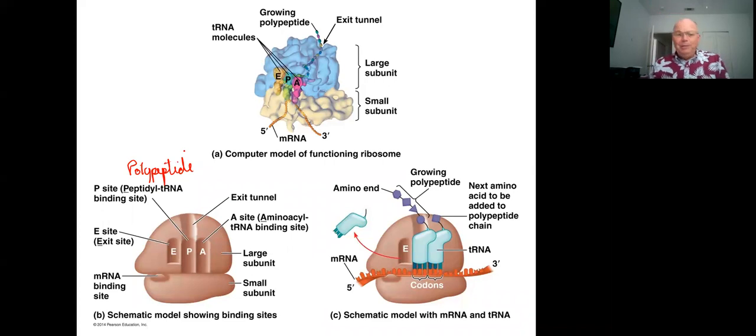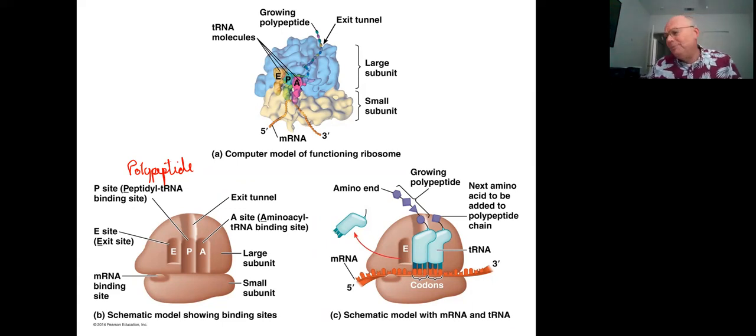A lot easier to remember, because the tRNA in the P site is always going to have the polypeptide attached to it, the growing polypeptide attached to it. The A site is the location in which the tRNA bringing the next amino acid is going to locate itself. So at the base of the A site is going to be the next codon in the sequence.